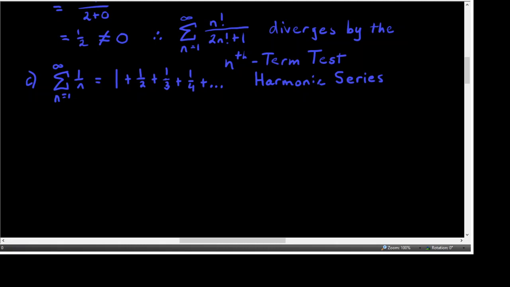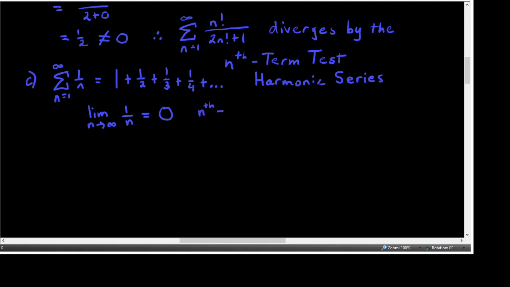So anyway, if I try to do the nth term test, take the limit as n approaches infinity of that nth term, that general term, 1 divided by an infinitely large thing is headed towards 0. Equals 0 tells us nothing.